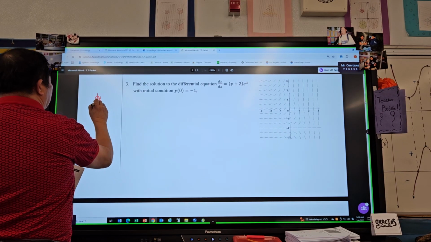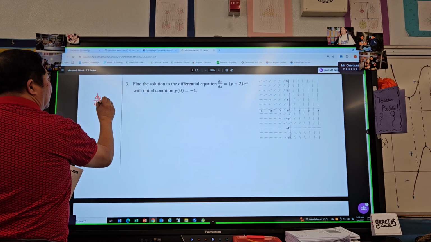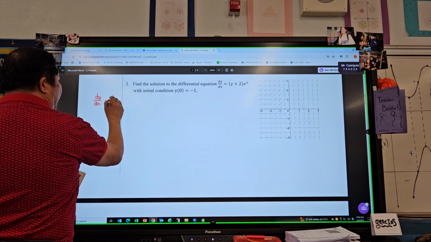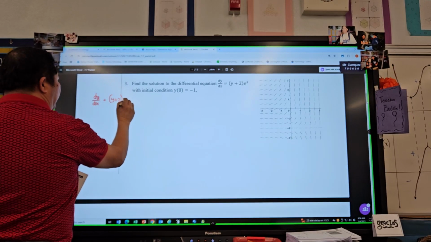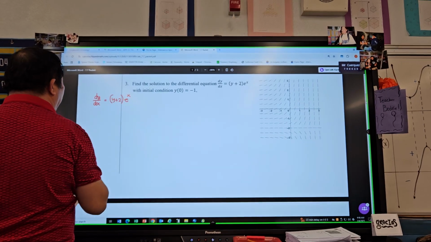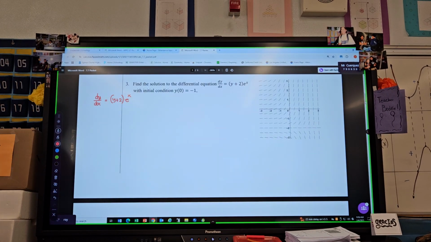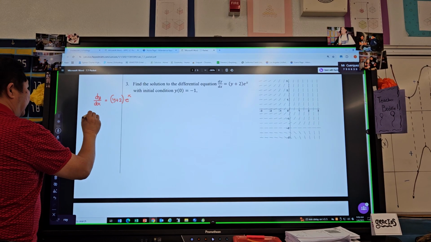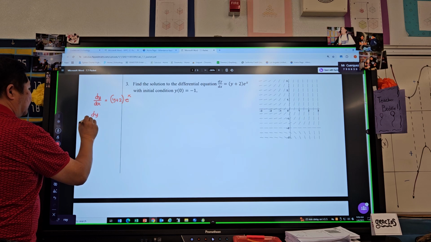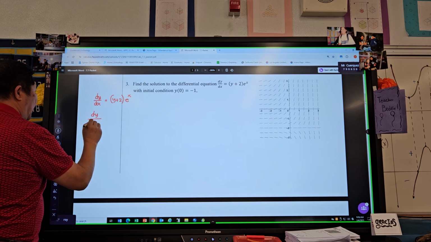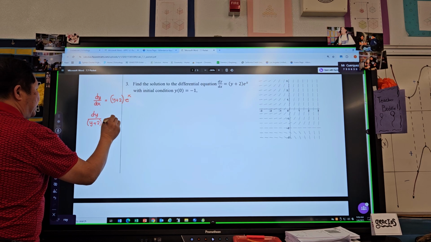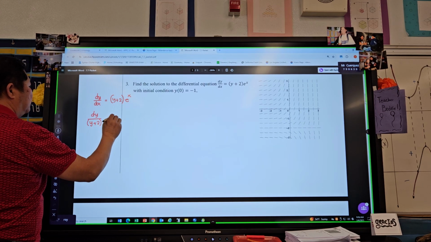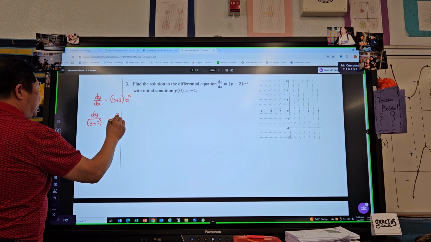Did we turn it in, 7.3 yesterday? It's going to be y plus 2 times e to the power of x. So variable separable. So this gives us dy over y plus 2, and this is e to the power of x dx.